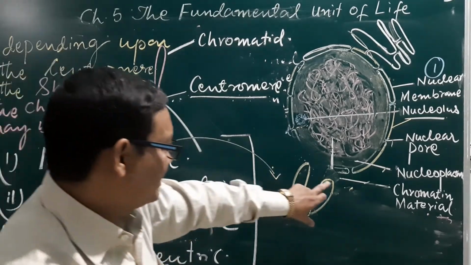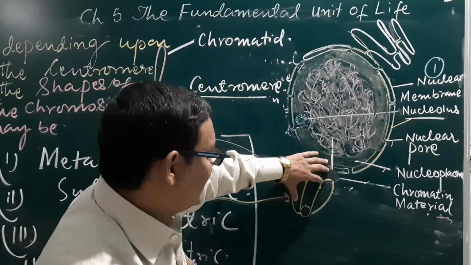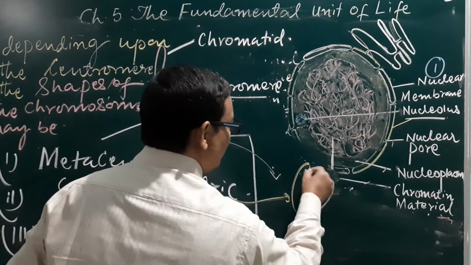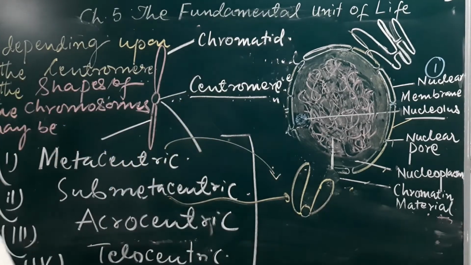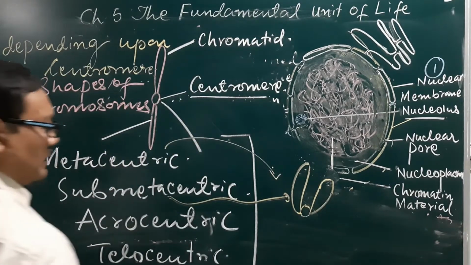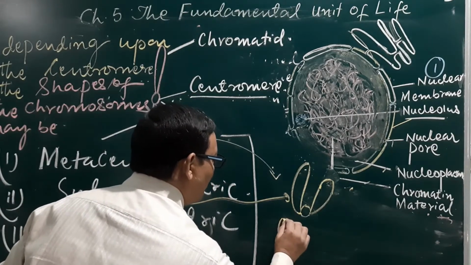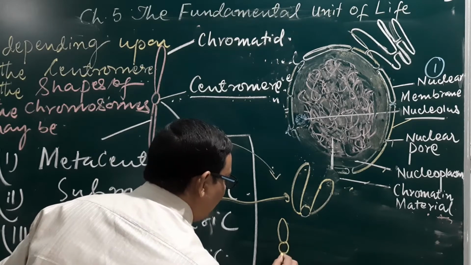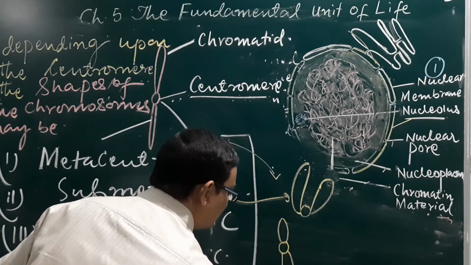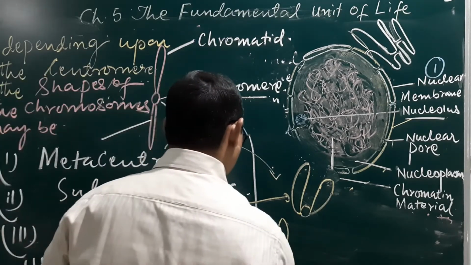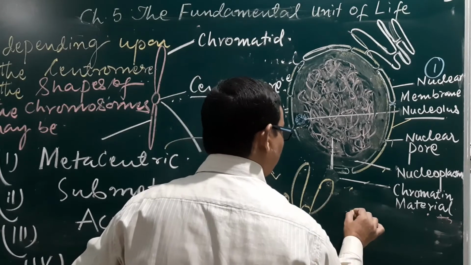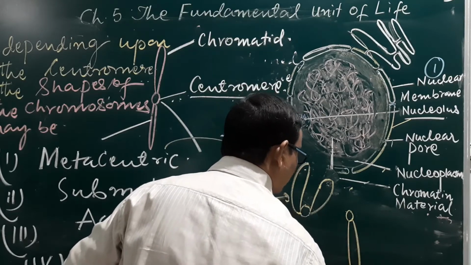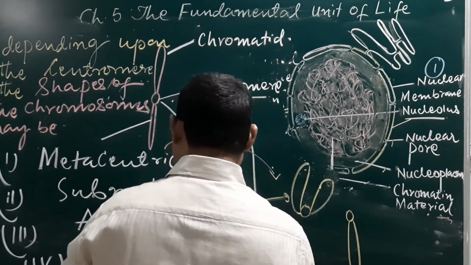In the submetacentric, one arm is slightly smaller than the other. Here you may look very clearly. And in the acrocentric, one arm is very much smaller, whereas the other arm is very much larger. And in the telocentric, telo means end. That means the centromere is present at the end of the arm. This is the telocentric.